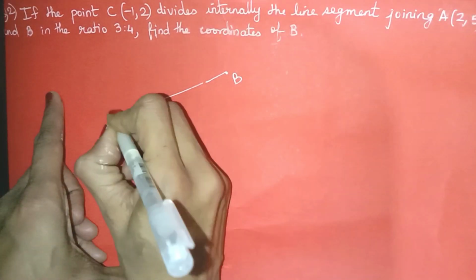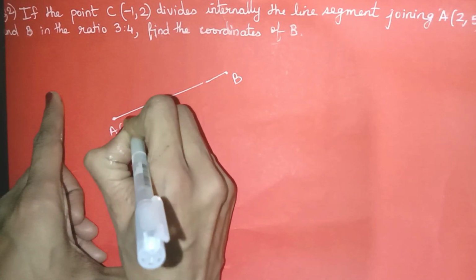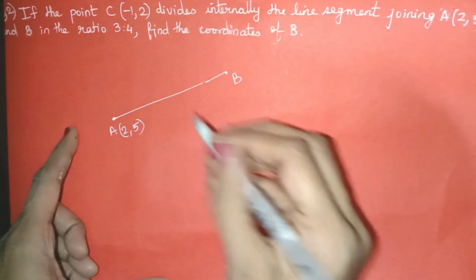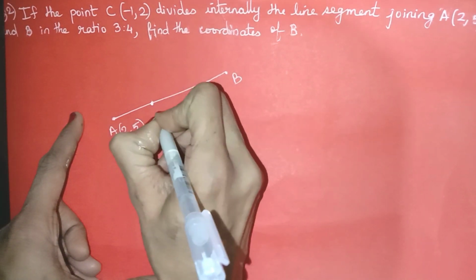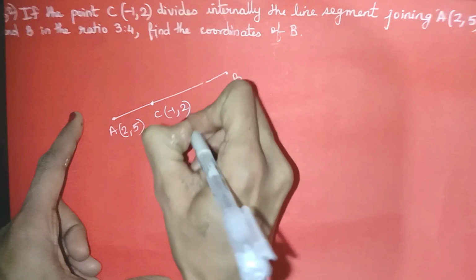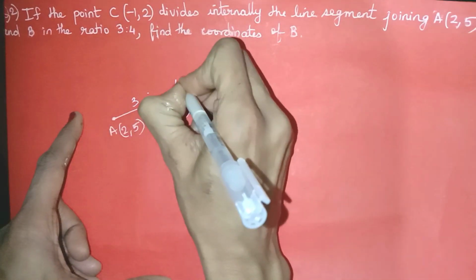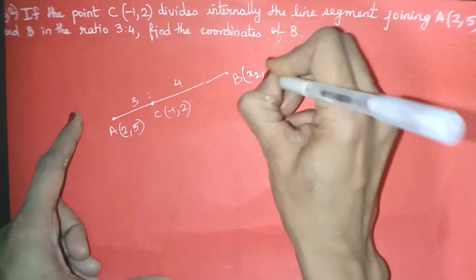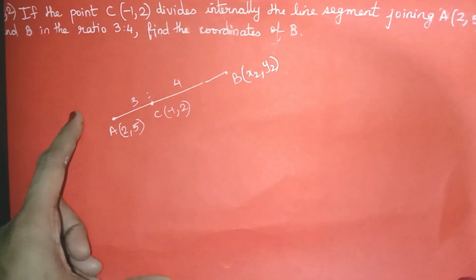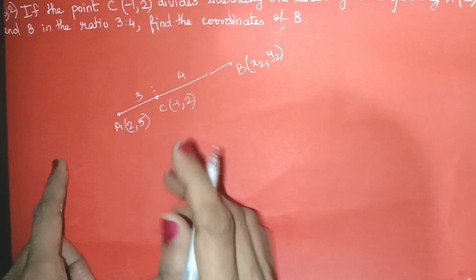Okay. Now the coordinates of A are already given, B it's not given, and this point C, okay, it divides this line segment in the ratio 3:4. Okay friends, we have to find the coordinates of B. So let me write it as x2, y2.